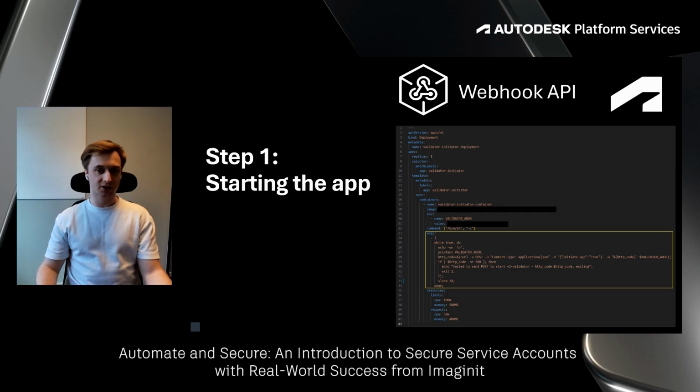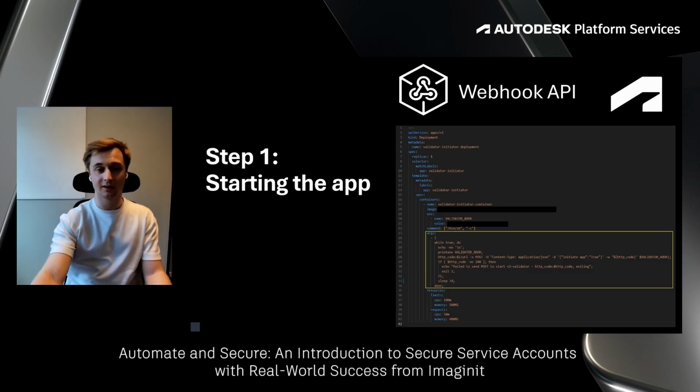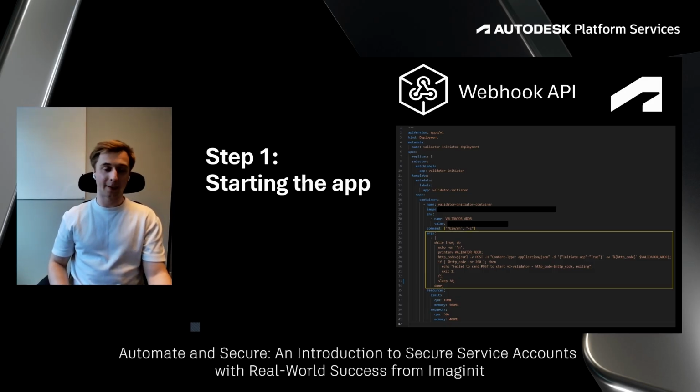Okay, so starting the app. I originally wanted to use the Webhook API and designed the whole app to be able to use it. But when I wanted to test it, it didn't really work as expected. The reason for this is that we have really high security in Statnet.